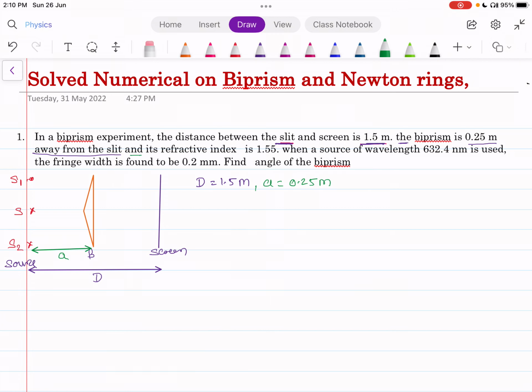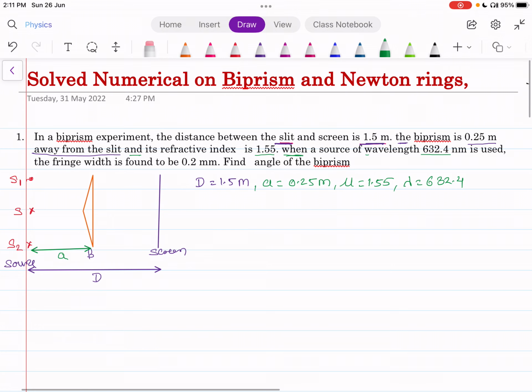And its refractive index is 1.55. The refractive index of the biprism is 1.55. Then, when a source of wavelength 632.4 nanometer is used, so the wavelength is given, which is 632.4 nanometer.